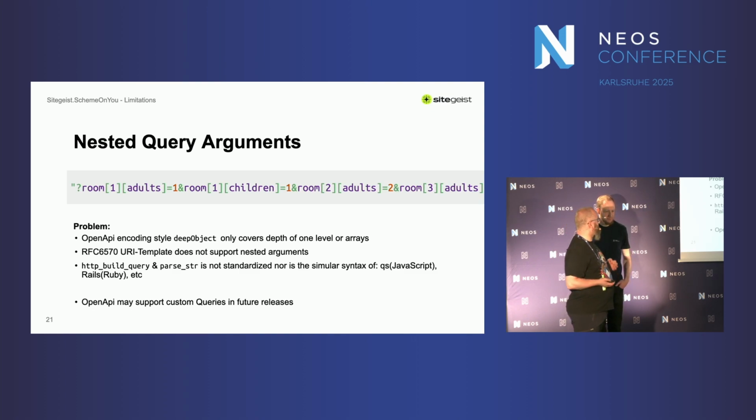OpenAPI implements an RFC for a URI template that does not support nested arguments. And there isn't a workaround with the current version of OpenAPI yet. There may be support for custom queries in future releases of OpenAPI. But for now, we cannot use that.